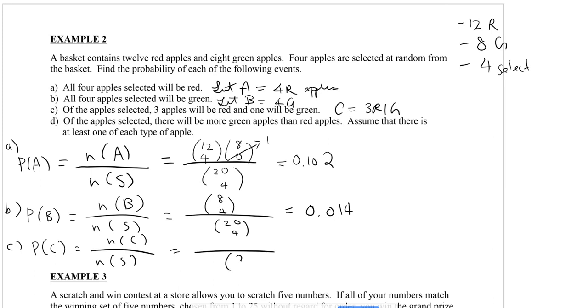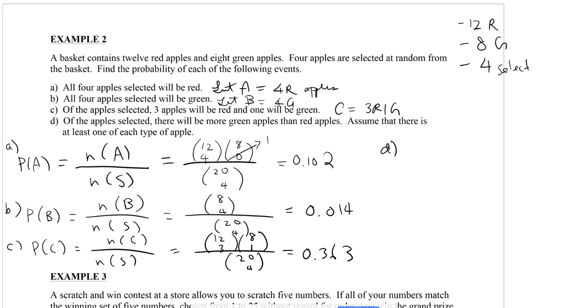It goes without saying that the sample space will be the same for all possible outcomes, but if I want 3 reds, that means out of the 12, I'm going to pick 3 of them, and of the greens, there's 8, I am going to pick 1. Okay, and so using a calculator once again is 0.363.